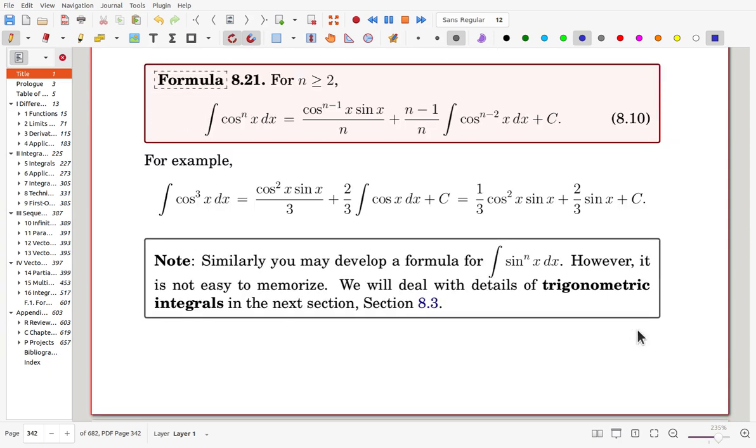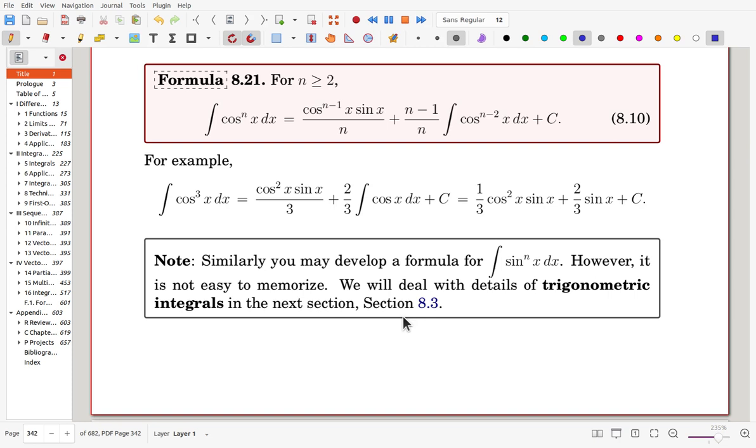Now, similarly, for powers of sine x, you can make a formula. However, you should not try to memorize this formula. Later on, we'll deal with the details of trigonometric integrals, and particularly in the next section, powers of sine and cosine will be treated, and also powers of tangent and the secant function will be treated in the next section.